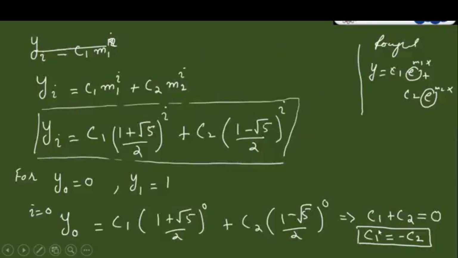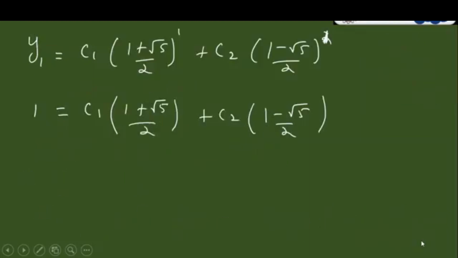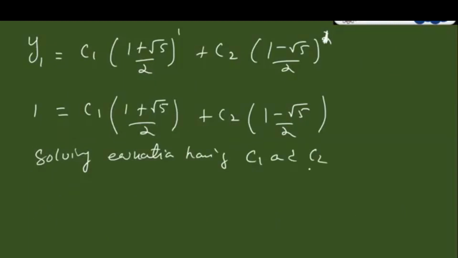But this equation has a very interesting conclusion. It says that c1 can be replaced by minus c2, or c2 can be replaced by minus of c1. It's up to you. So if I replace c1 by minus of c2 in this relation, what will I get? Solving equations having c1 and c2, if you solve it, we have this relation that c1 is minus of c2.